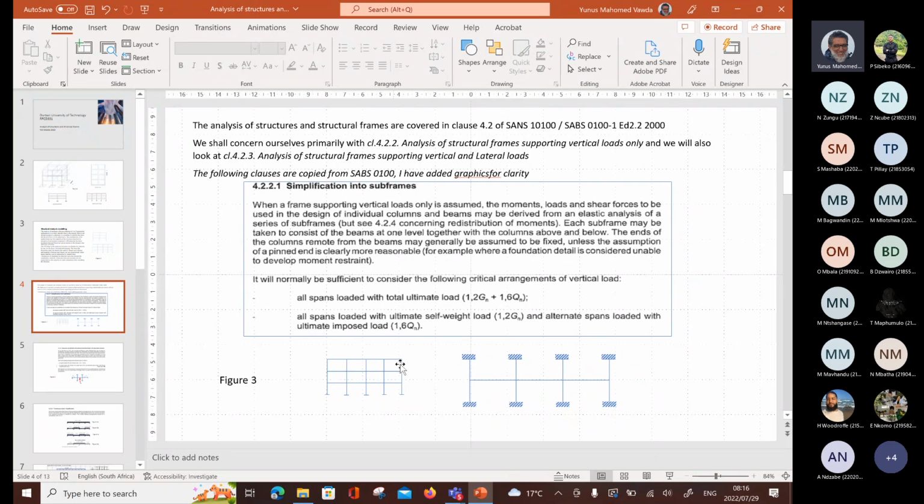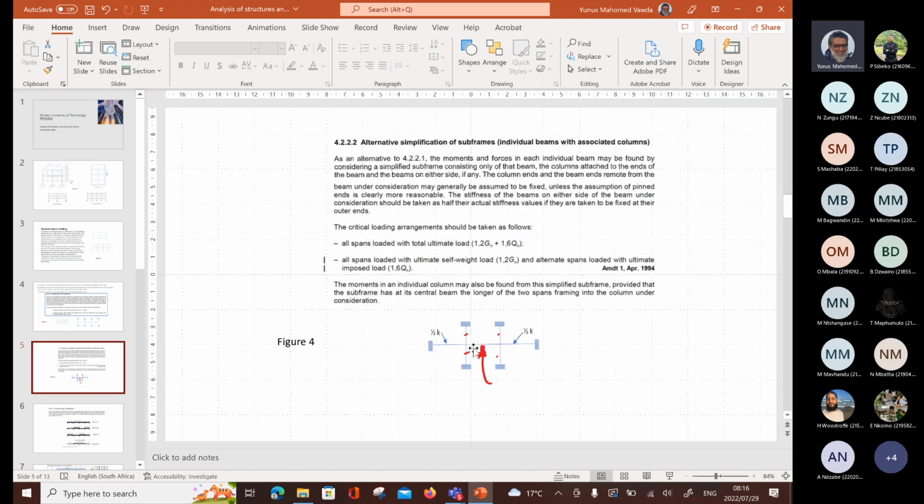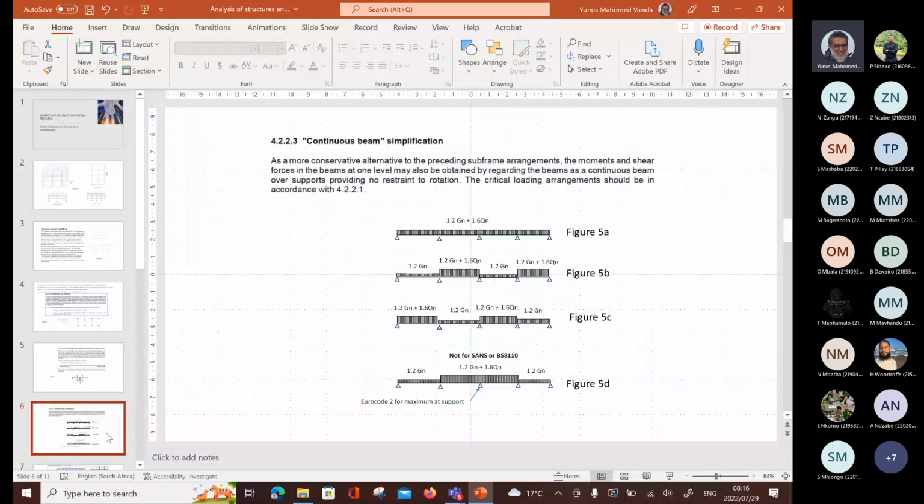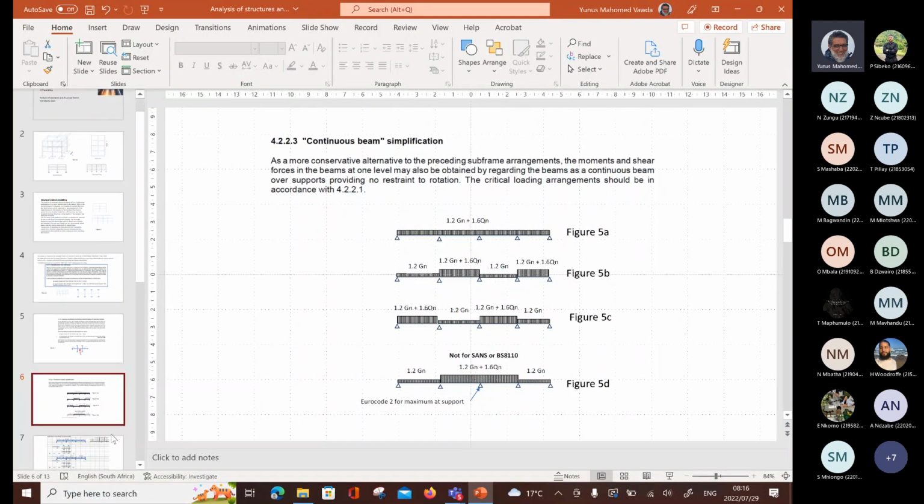So that's frame figure 3, the full frame. You can break it down into 1 level with the columns above and below. Okay, it further allows you to look at 1 beam only, right? So you take the adjacent beams at columns top and bottom, but your focus is on that particular beam highlighted by the red arrow. Then the code also allows you to break it up into continuous beams, which means, and then your moment distribution, which you will do this semester.